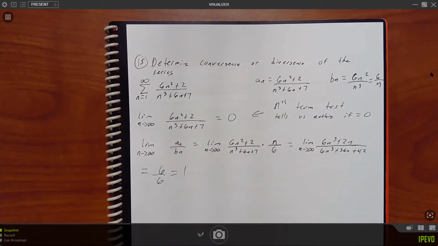The limit comparison, the one I think after that.